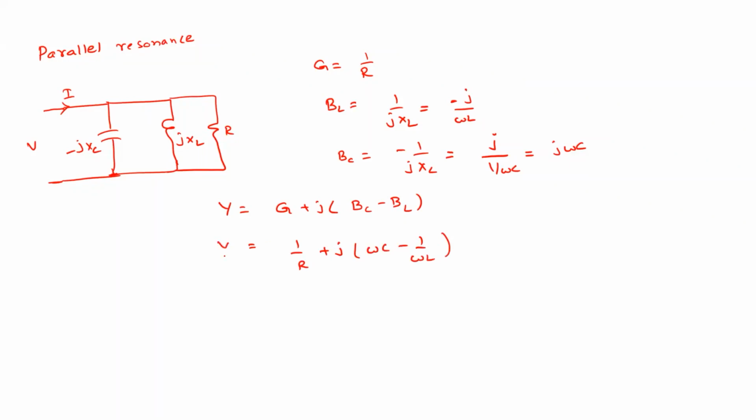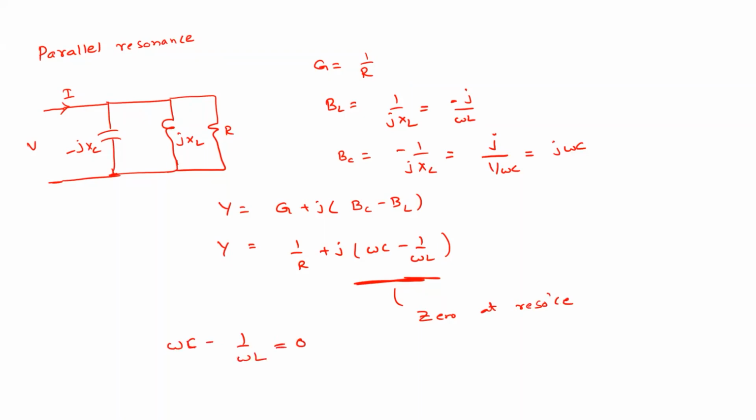So this is the admittance. But when the circuit is at resonance, this imaginary part, the j term, is equal to 0. Equate this to 0: omega C minus 1 by omega L equal to 0.